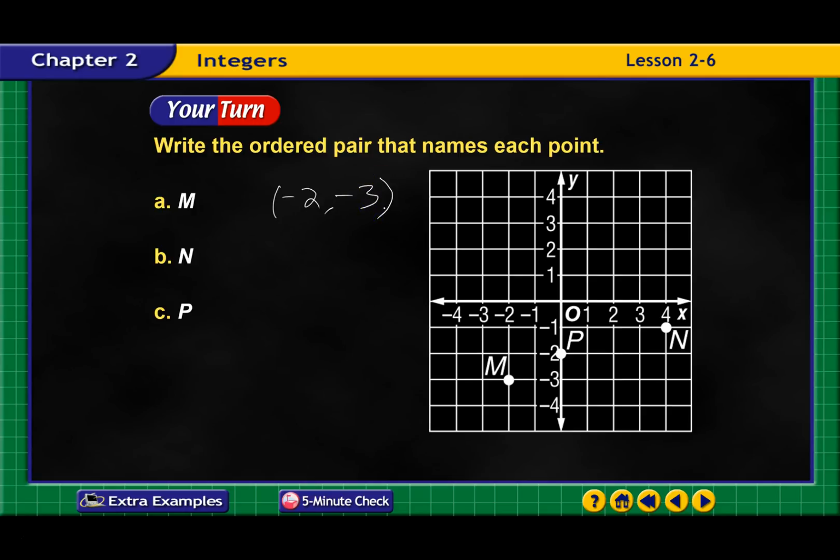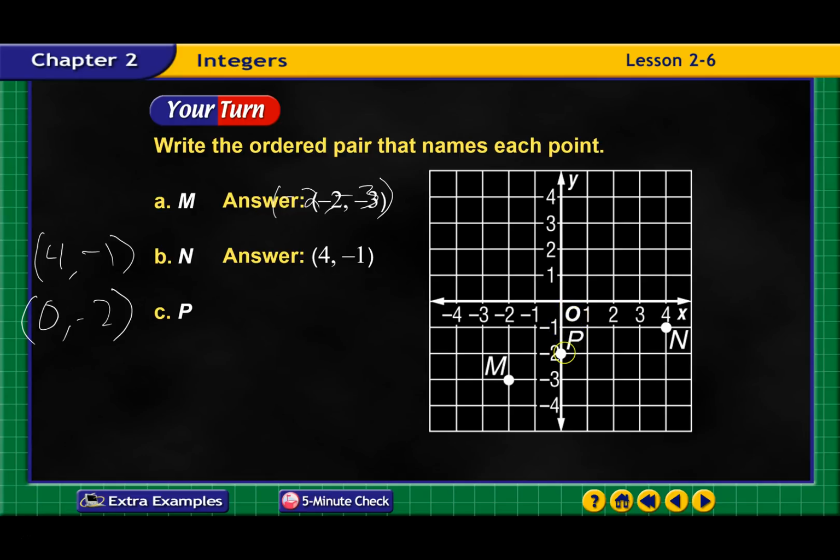N is 4 over and down 1, so -4, -1. And P doesn't go over at all, so it's 0, and -2 when I count down: 1, 2. So 0, -2.